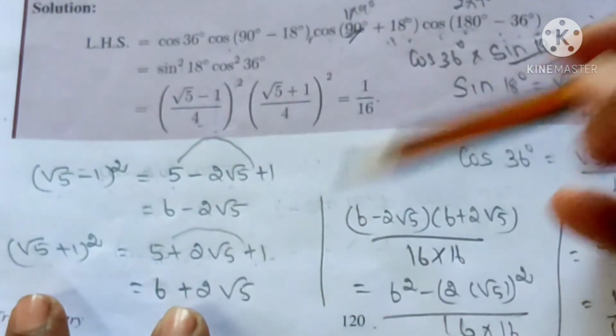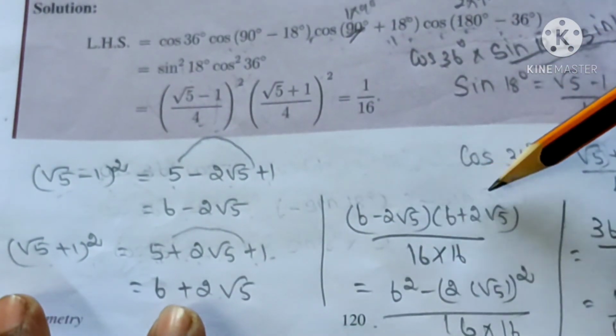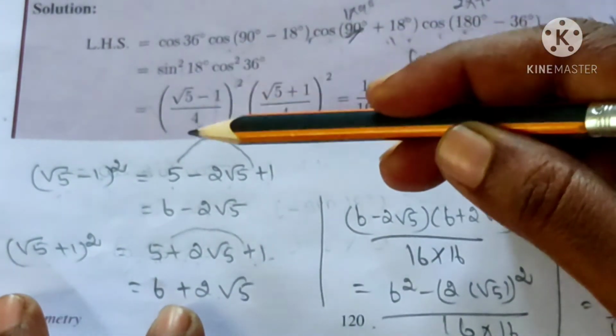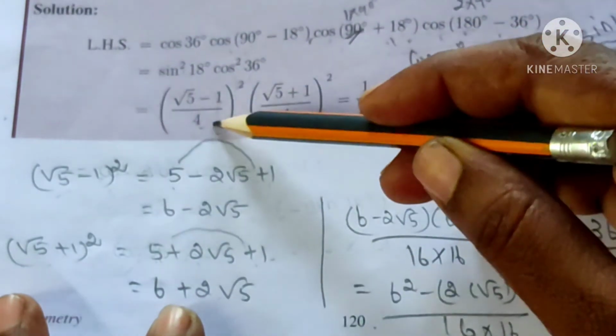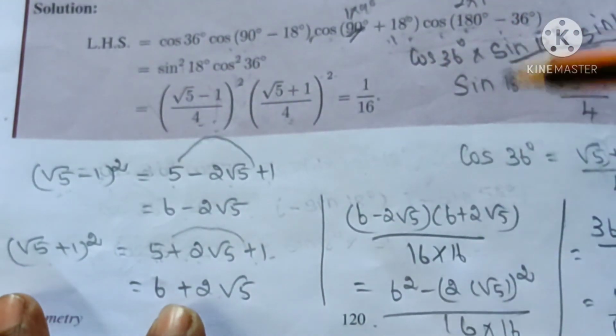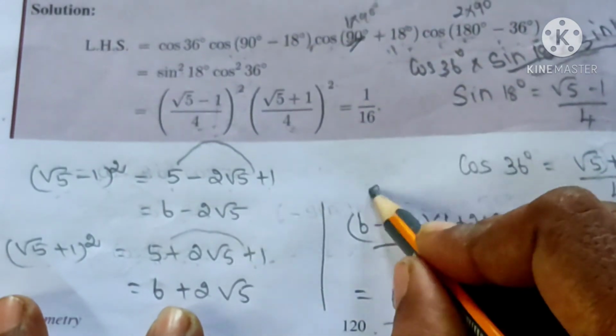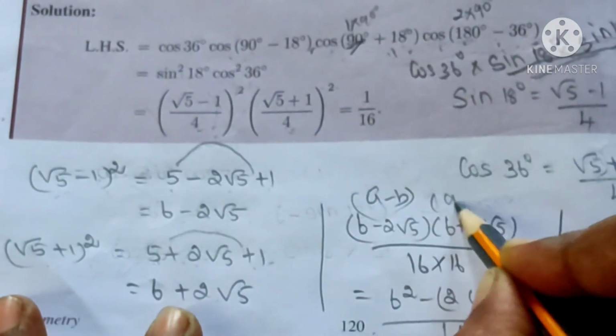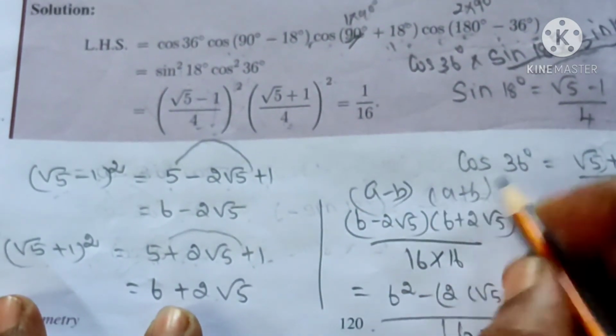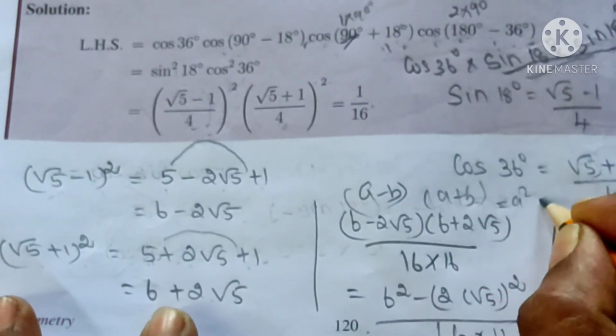Okay, substitute here. So (6 minus 2 root 5) into (6 plus 2 root 5) by 4 square. Here also 4 square, so 16 into 16 in the denominator. Then the numerator is (a minus b) into (a plus b), which is a square minus b square.